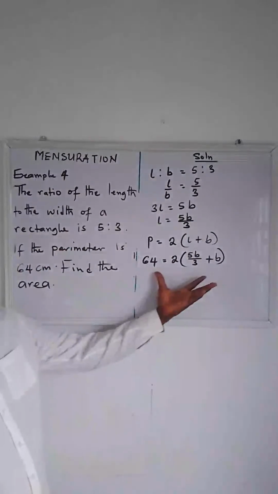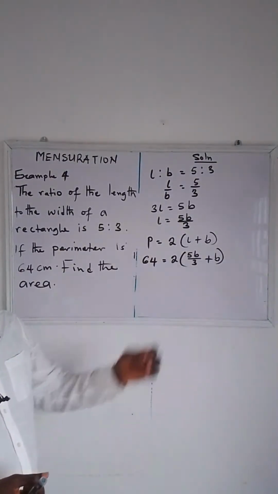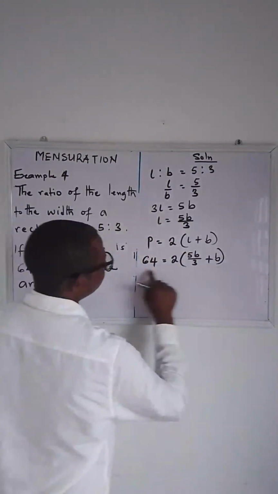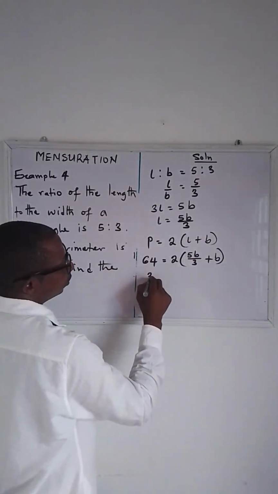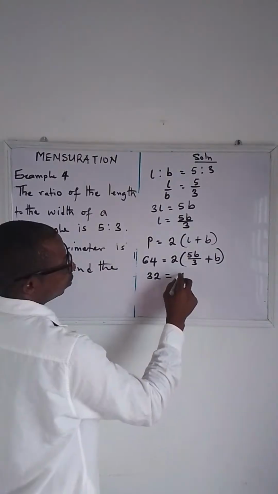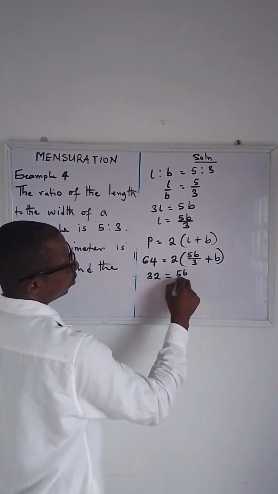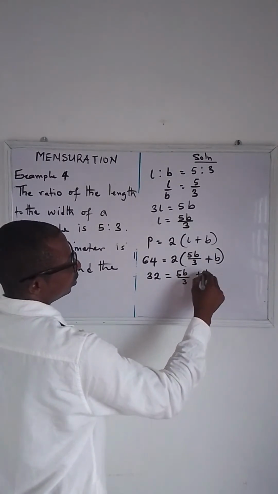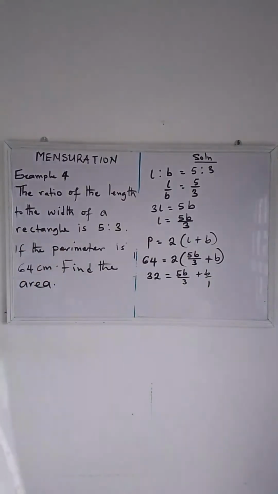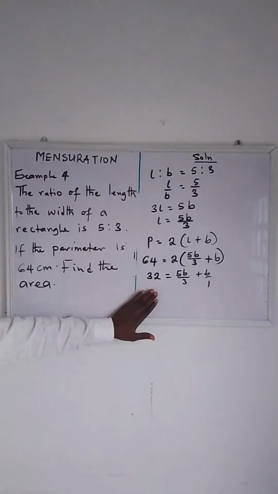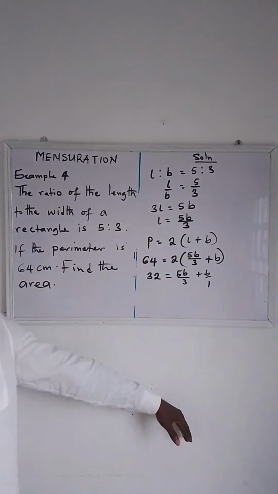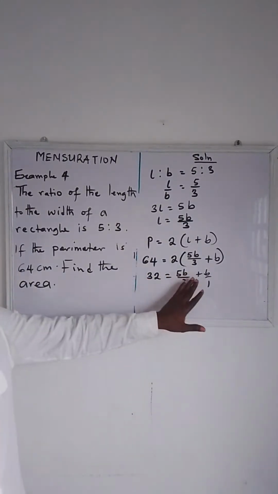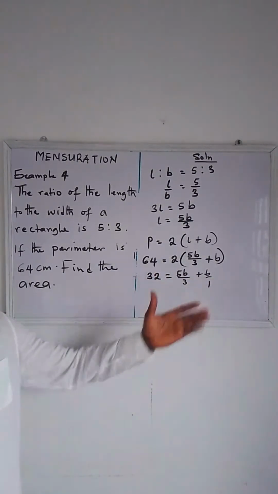So here, we divide both sides by 2. So this will turn to 32 equals 5B over 3 plus B. This one is the same thing as B over 1. Now we can multiply by 3, so that you clear the fraction.